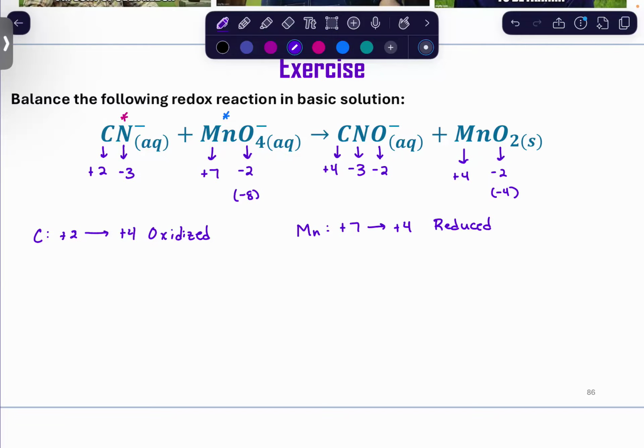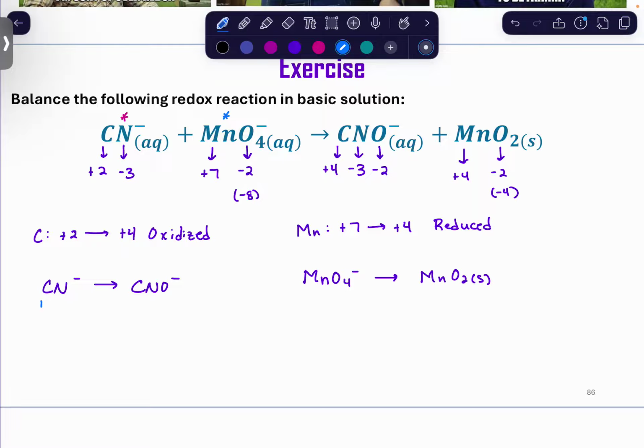Okay, so first half reaction, cyanide ion goes to CNO. Your reduction half reaction, your permanganate is going to go to the manganese 4 oxide.